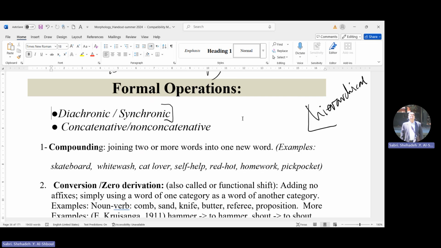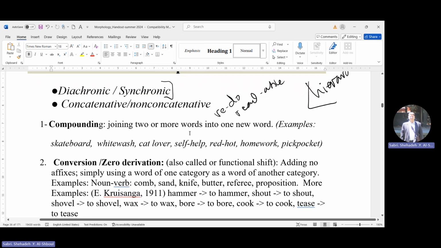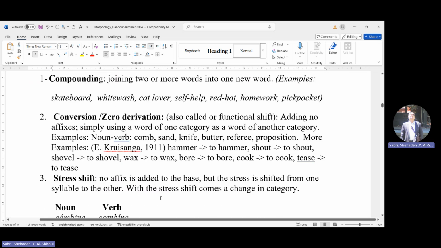We just add either a prefix as in do, undo, or a suffix as in read, readable. So here we have two patterns of change: concatenative and non-concatenative, and diachronic versus synchronic changes.